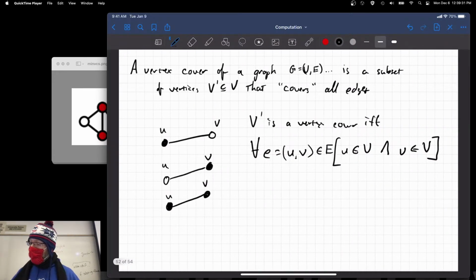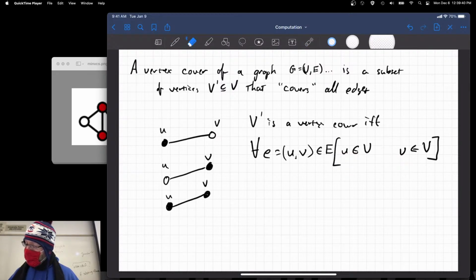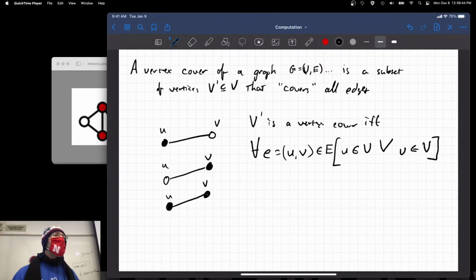The definition is over here, remember? Sorry, I think I screwed up on the definition. There we go. It only has to be an or. I think I said or, but I wrote a conjunction instead. Sorry. u is in V prime or v is in V prime.